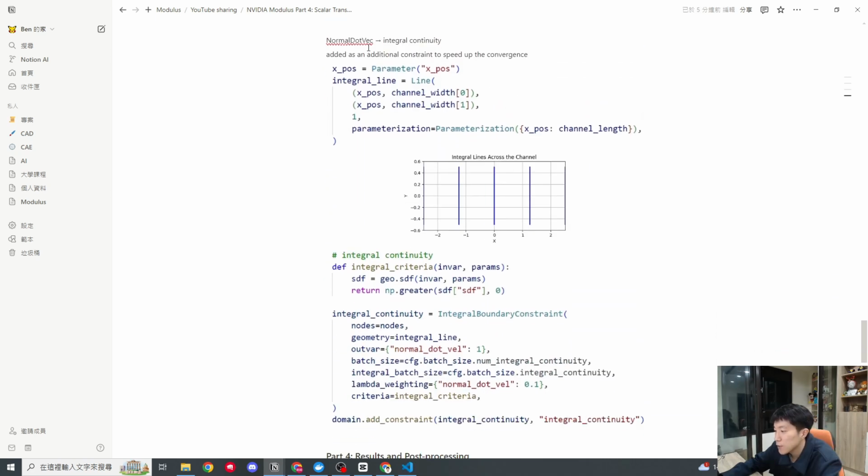And in this case, we use a normal vector function to enforce integral continuity, adding the constraint that helps us to speed up convergence. First, we define an integral line across the channel, ensuring that the mass flow rate along this vertical line remains the same. This condition allows us to improve our calculation.